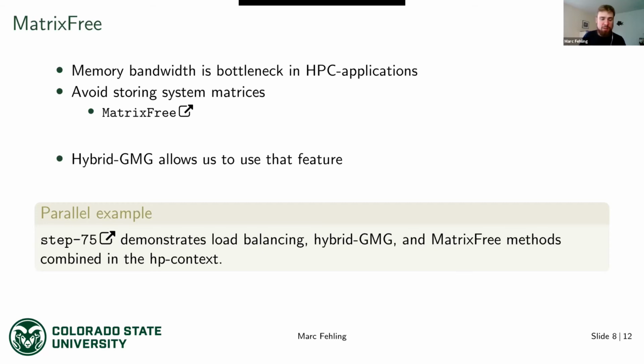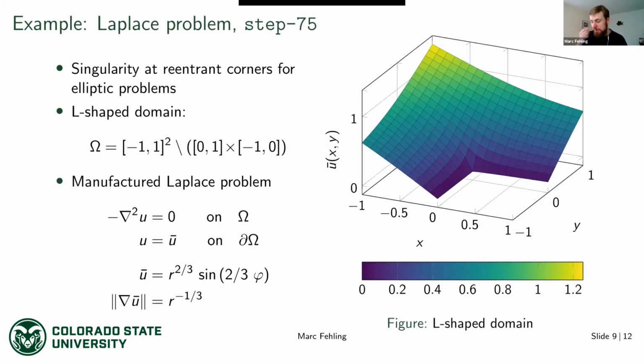I want to use the remaining part of the talk to demonstrate these kinds of methods in the context of the new step-75 tutorial. So what are we doing in step-75? In step-75, we solve a simple Laplace problem, but on an L-shaped domain, which has a reentrant corner at the origin.